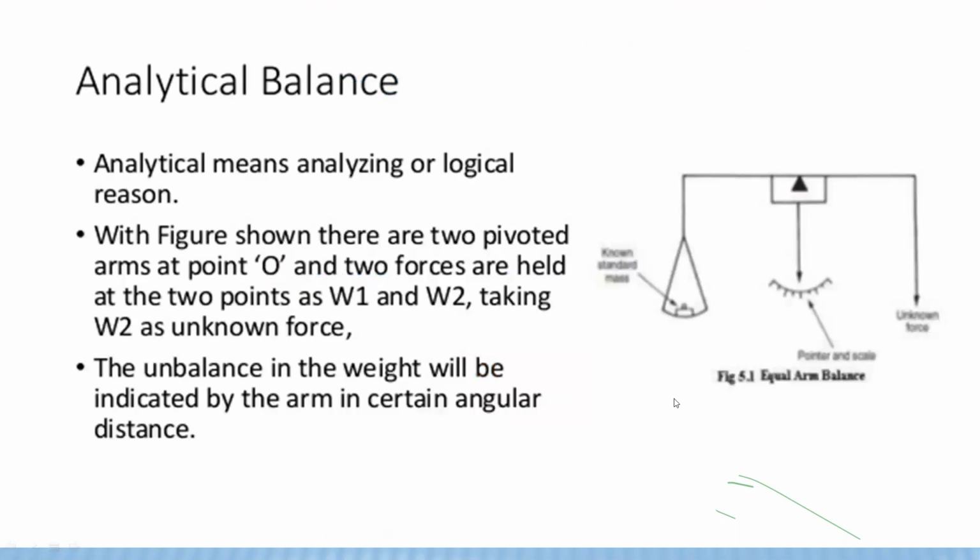You can see the diagram of these scales and balances. This is the equal arm beam balance. In this equal arm beam balance, on one side I am taking a known amount of mass, and on the other side of the arm I am taking the unknown force, which I don't know.